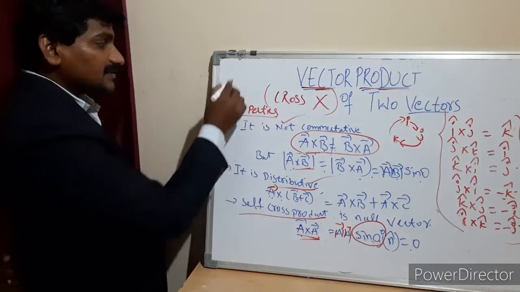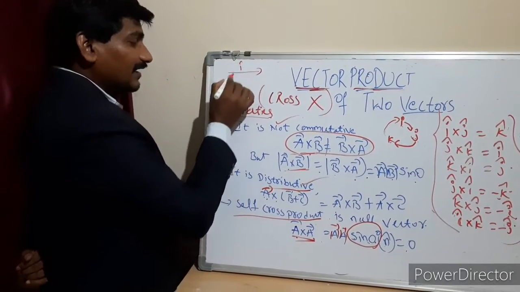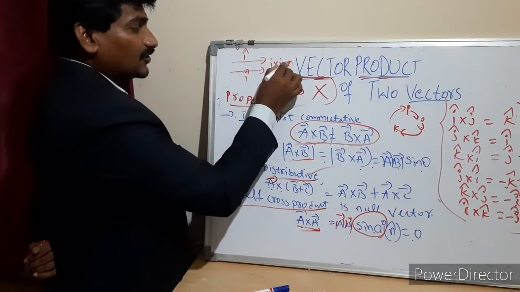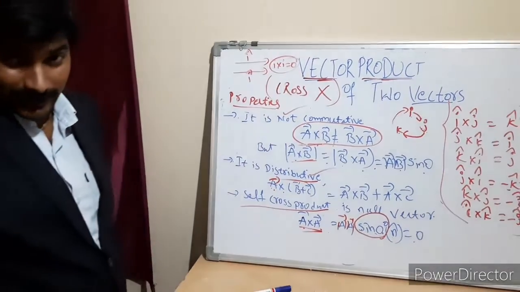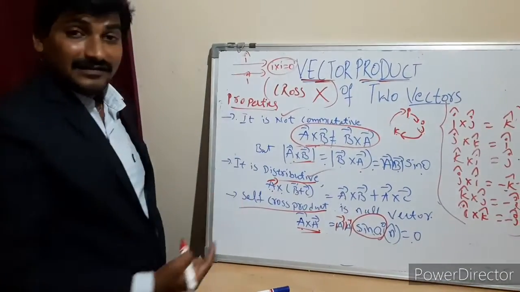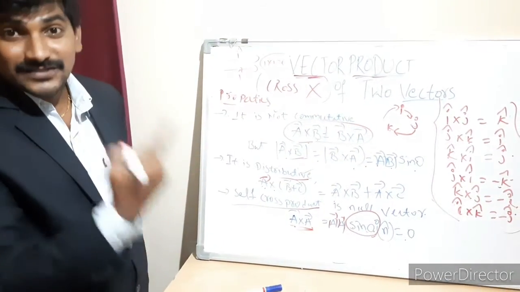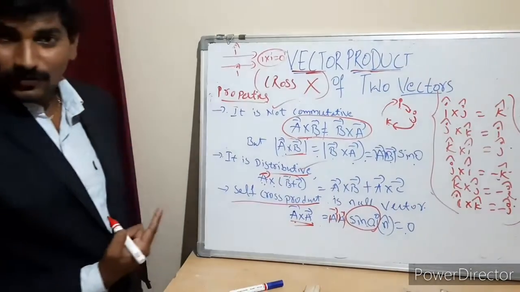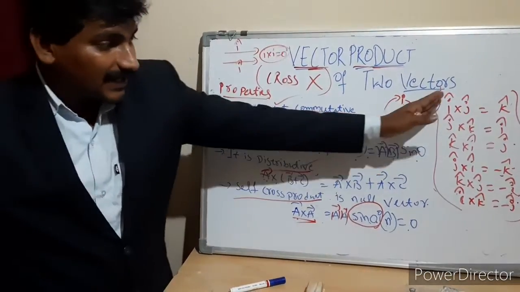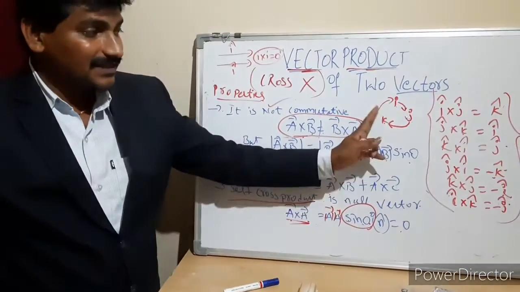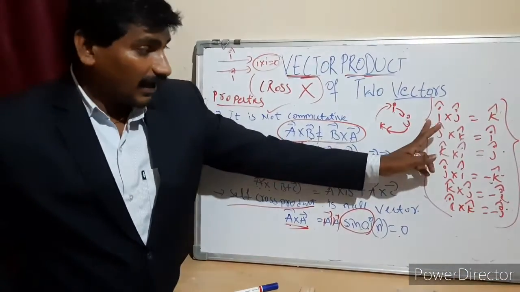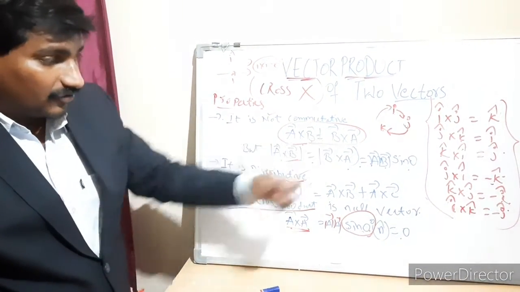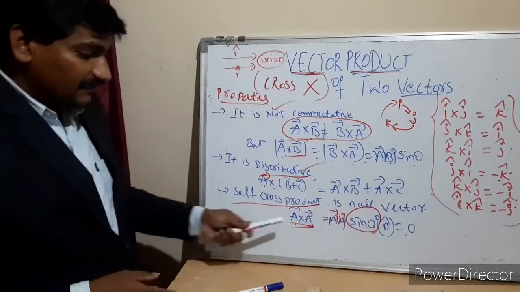Means for vectors in the same direction, let us say i cross i, that equals 0 in the case of cross product. But in dot product, they are parallel, and since it is a cosine angle, i dot i equals 1, but here it is 0. On that basis, we can write the clockwise and anti-clockwise method for orthogonal vectors, which gives a vector as output. Now this is the self cross product.